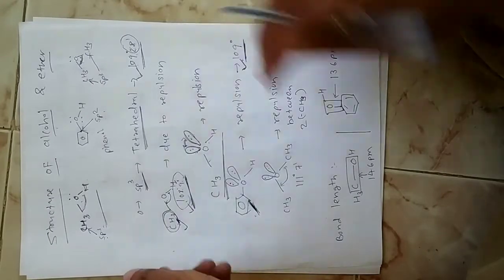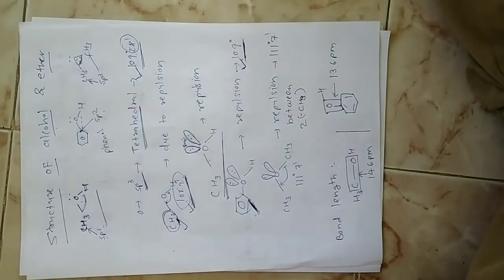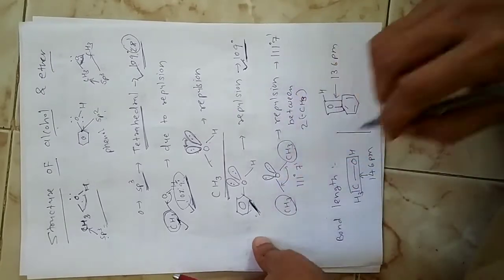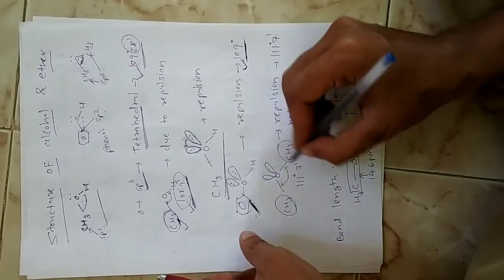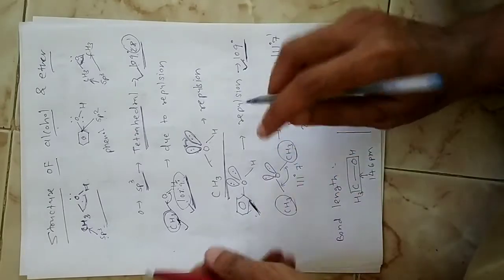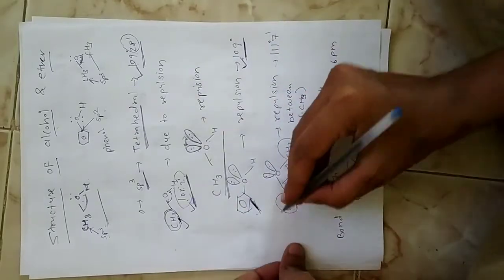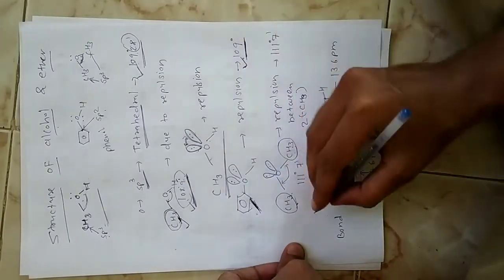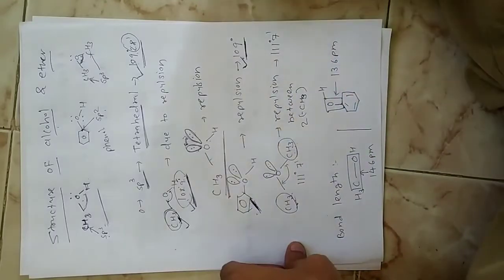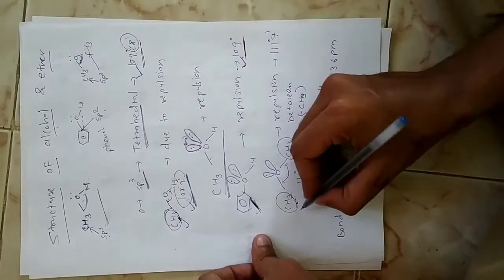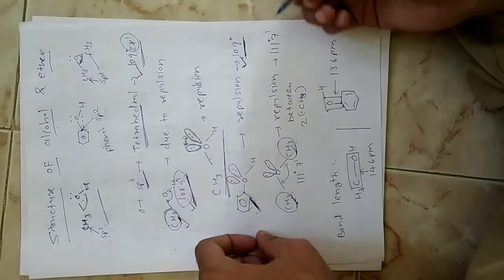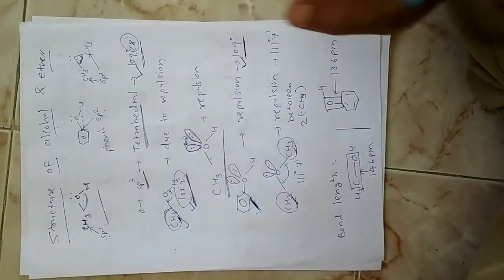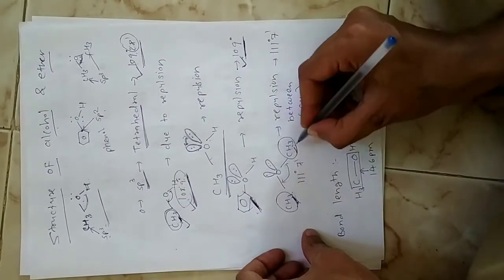Now what happens in the ether group? Here oxygen has two methyl groups on it, no hydrogen. These two methyl groups are electron donating groups, so they have some extra electron density on them. If they come together, there will be repulsion between them also, so they tend to go away from each other.